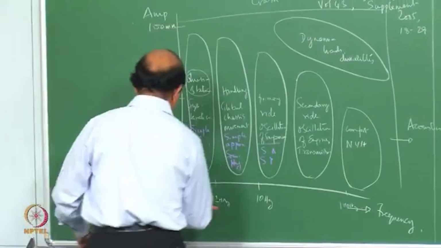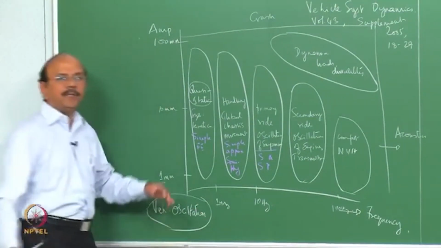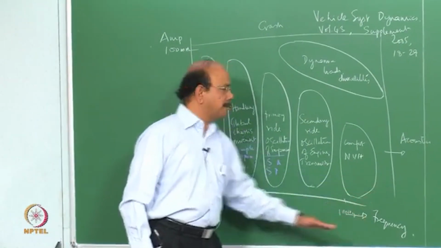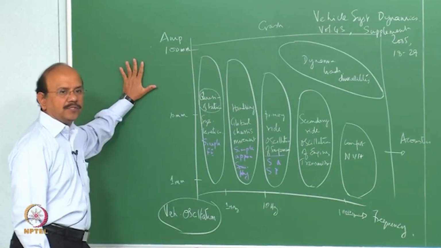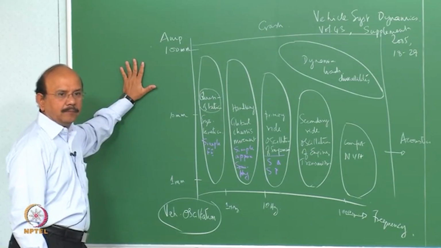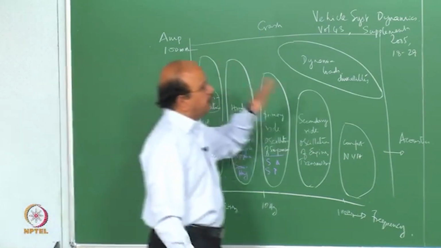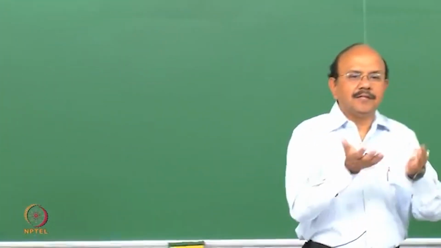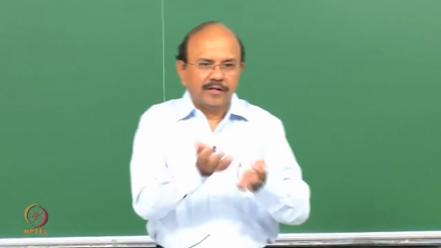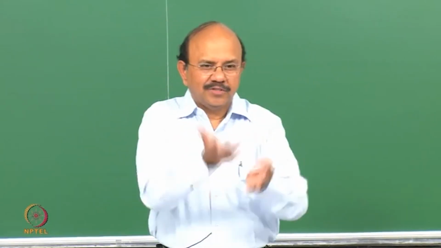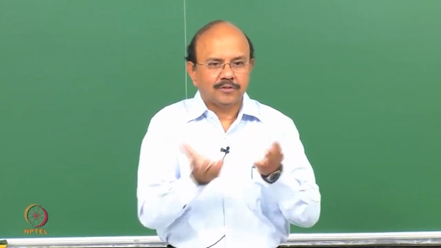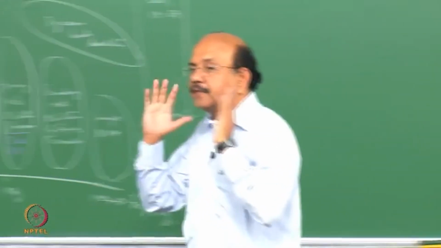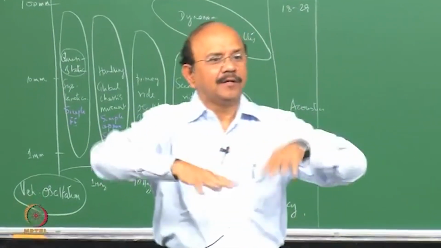So the vehicle oscillations can be classified in terms of the frequency of oscillation and the amplitude of oscillations, right? When you talk about oscillations, immediately you think that there is going to be a bounce. A vehicle goes over a rough road and you see that bounce, and you have a tendency to map the word oscillation to a vertical oscillation, right?